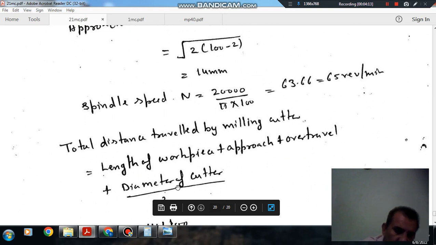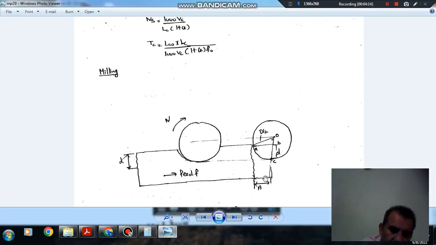That is, we have to remove when this cutter reaches here. So over travel will be this for complete machining. C point should be here. Okay, and A is here, and only single pass has to be performed. So we have to remove this cutter also. So the cutter has to travel this much distance also.